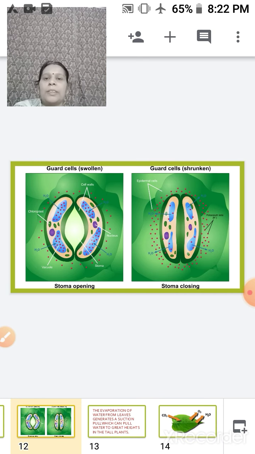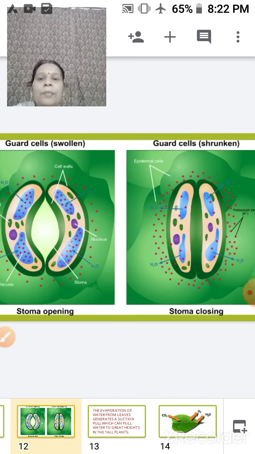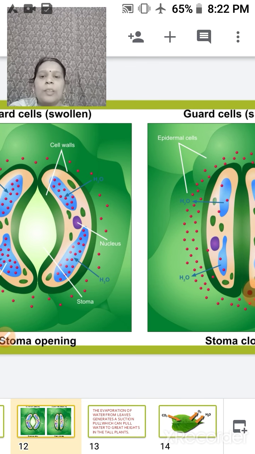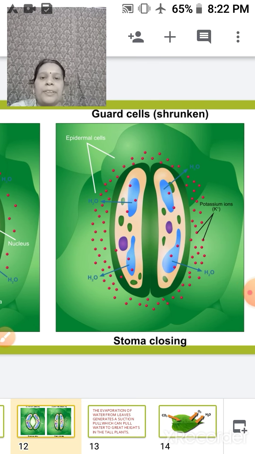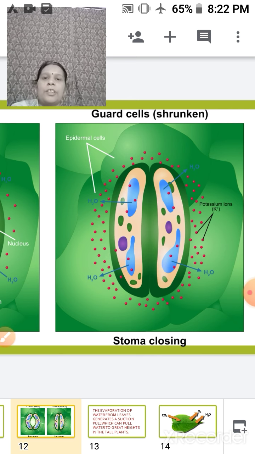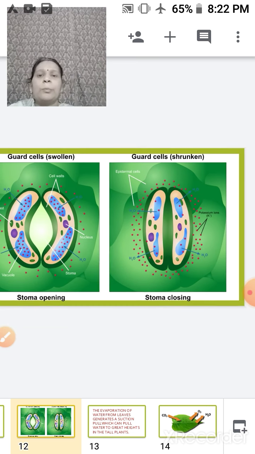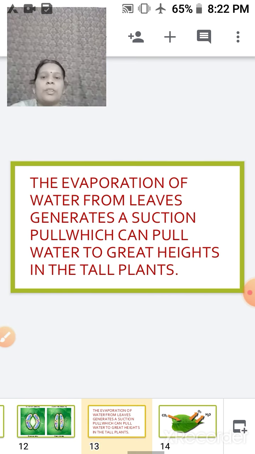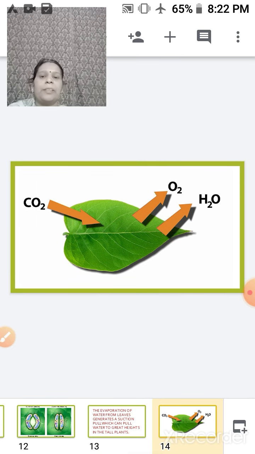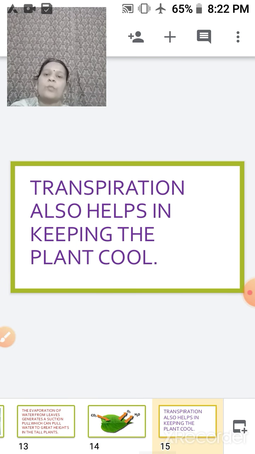You can see the guard cells, as you are aware, through which the opening and closing of the stomata takes place. So here the exchange of gases was taking place. I hope it is clear, because we have already studied all this in one of the previous chapters.